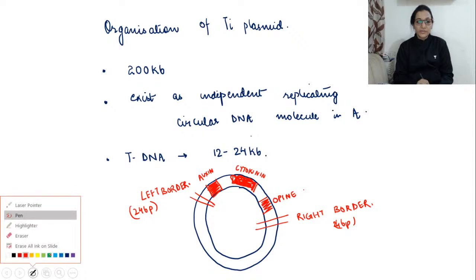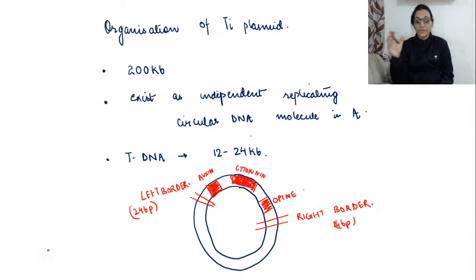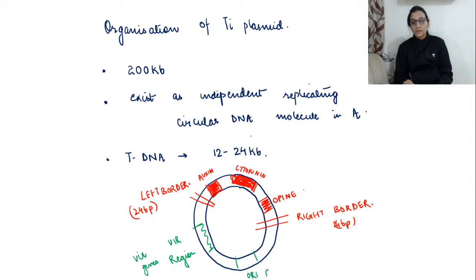Now the other regions which are responsible for infection and so on. There is a virulence region. This region is the virulence region or vir region, so the vir region will contain vir genes. Then there is a replicator, that is the ori gene, from where the replication will begin.